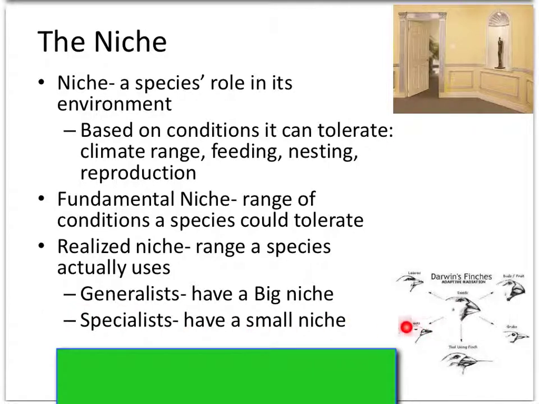Like this guy's job in that ecosystem is eating insects, versus some other bird that might have a much larger niche, like maybe something like a vulture, which could be basically ready to eat any type of dead, decomposing prey. So it is a little less specialized.